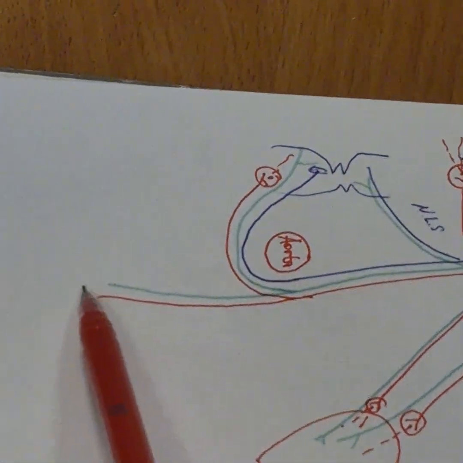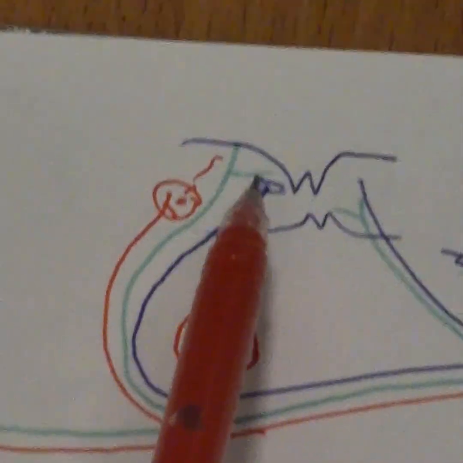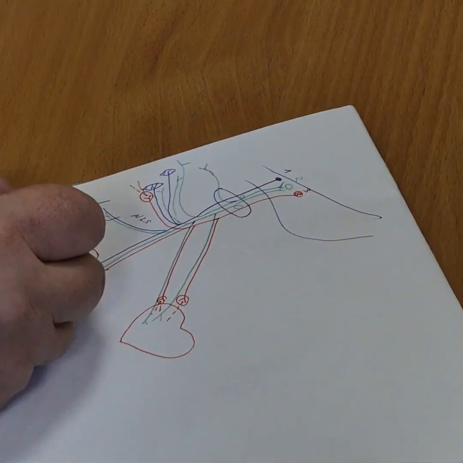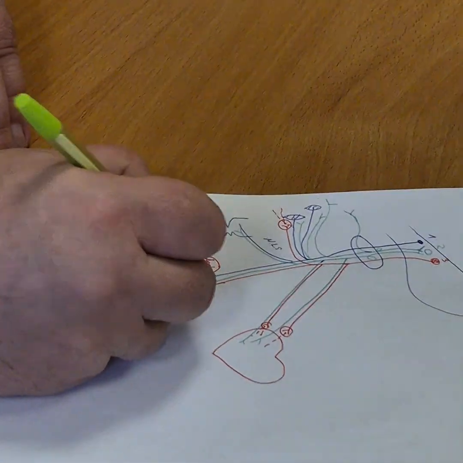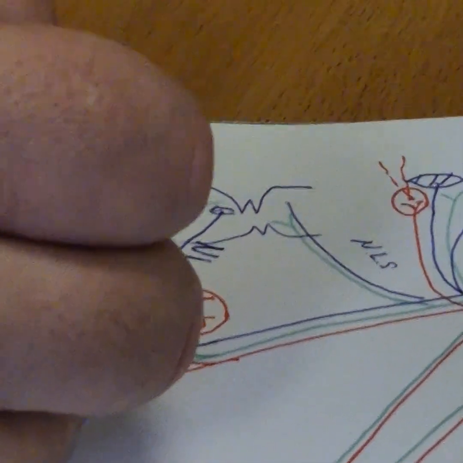There are no motor fibers below this place. Last motor fibers continue into the recurrent laryngeal nerve, nervus laryngeus recurrens, and it continues into nervus laryngeus inferior.